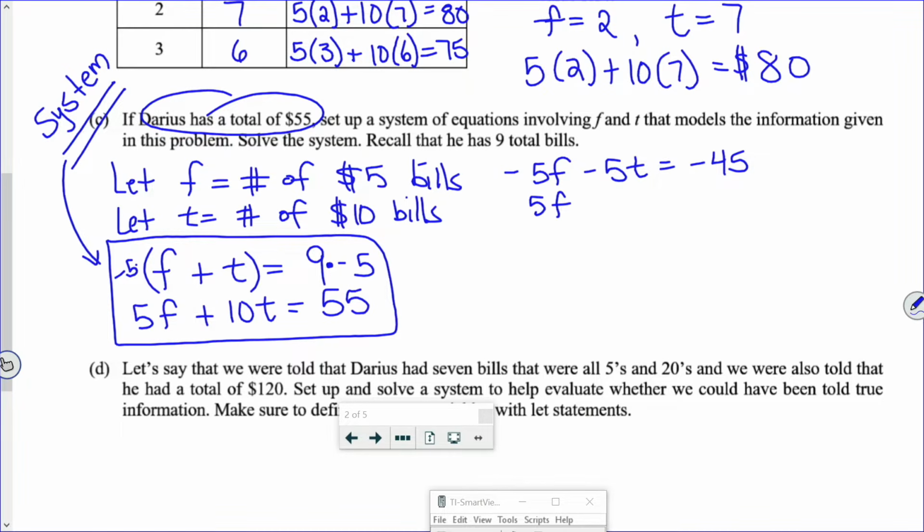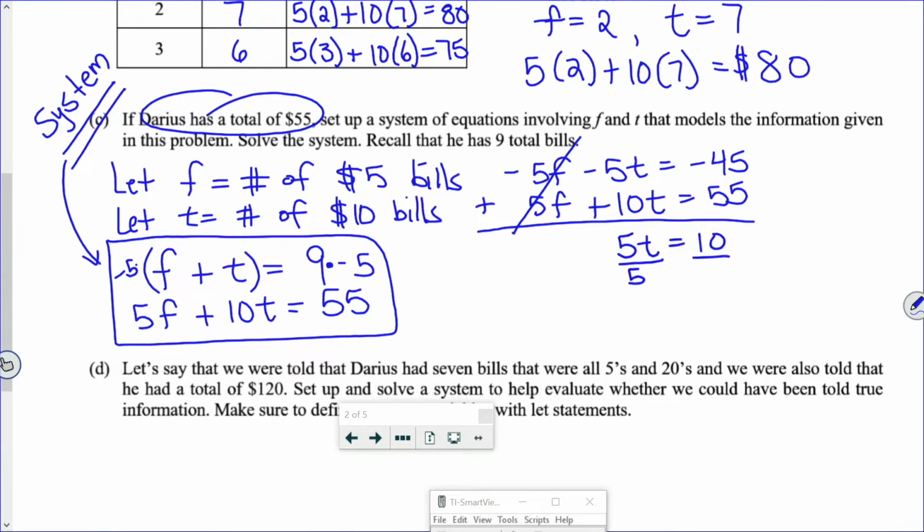That's just going to be 5f plus 10t is equal to 55. Now when I add those 2 together, the f's eliminate because those are additive opposites. -5t plus 10t is just positive 5t. -45 plus 55 is 10. Divide both sides by 5. And it looks like the number of $10 bills that Darius has is 2.